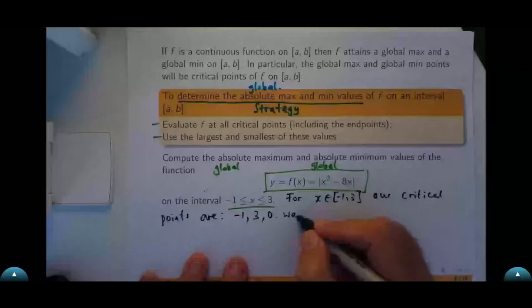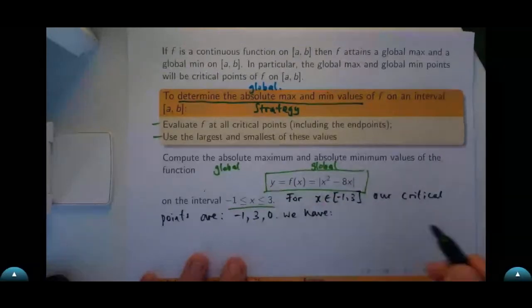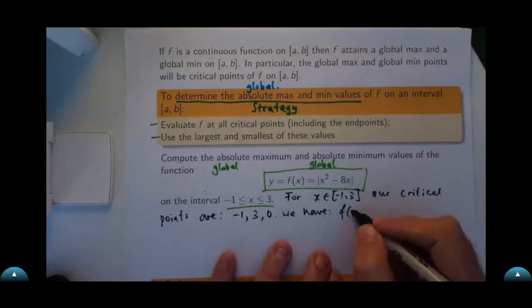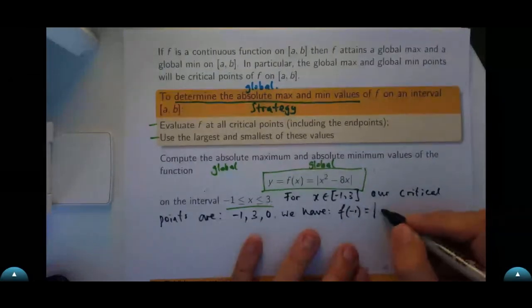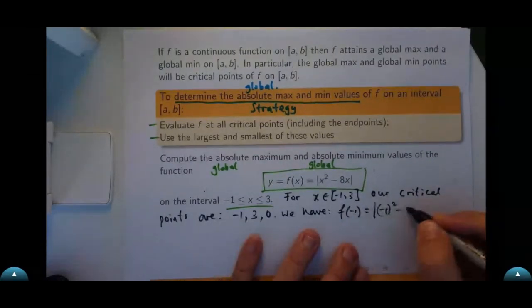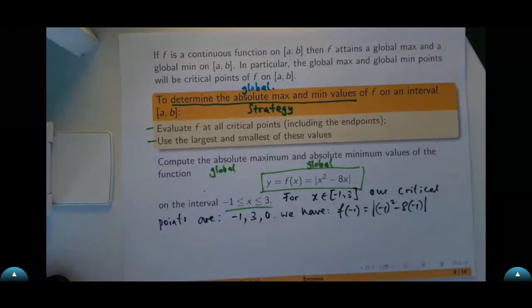All right. So now let's evaluate f. So f of -1. What's that going to be? Well, that's going to be that. Of course, you could just read this off the graph if you wanted to, but let's just do it this way.